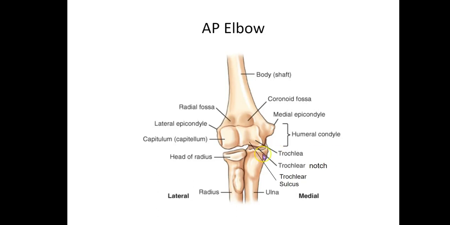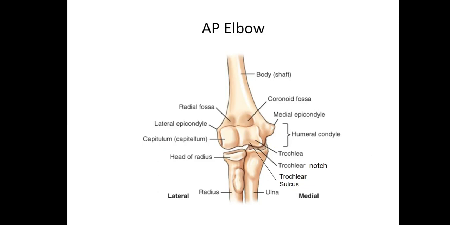And then there's the capitulum. And the capitulum is here. Okay, the capitulum is the lateral part of the humeral condyle. The trochlea, again here, which literally means pulley, is shaped like a pulley or a spool.